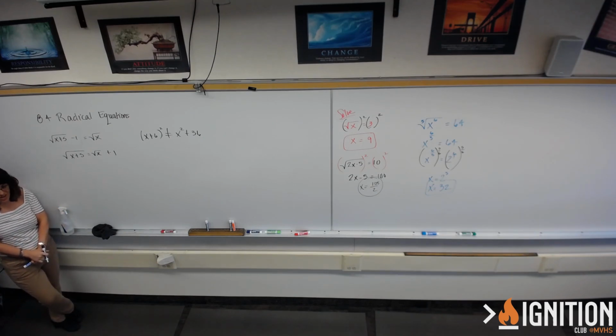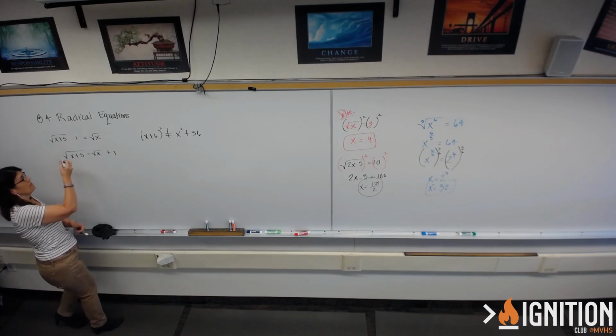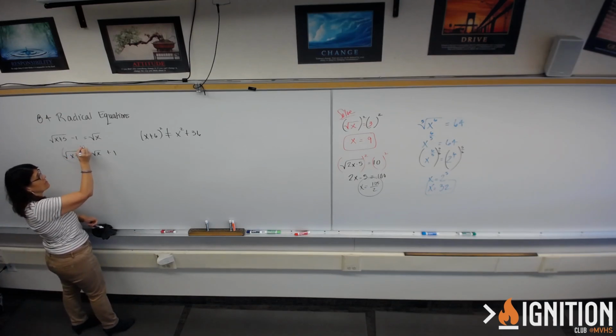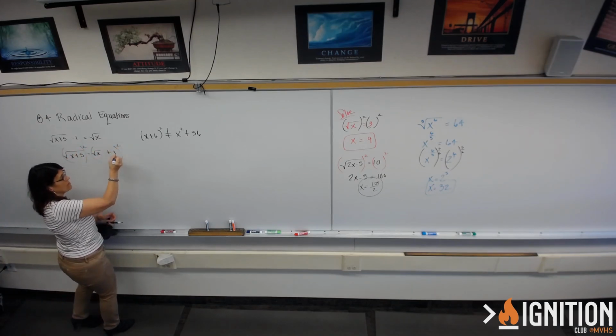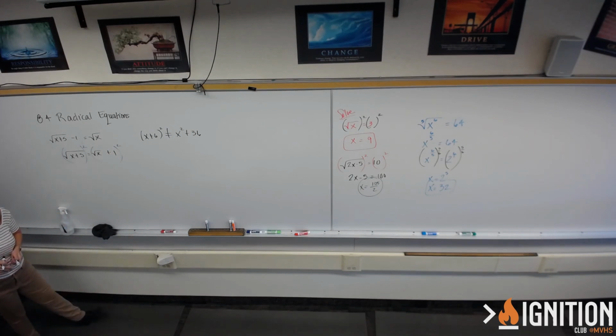It doesn't matter where you start, you have to square both sides. This is a problem that's going to involve double squaring. Root x plus 5 quantity squared.